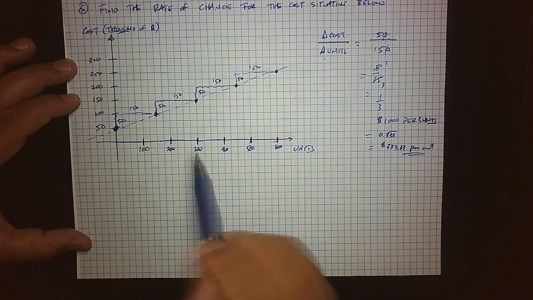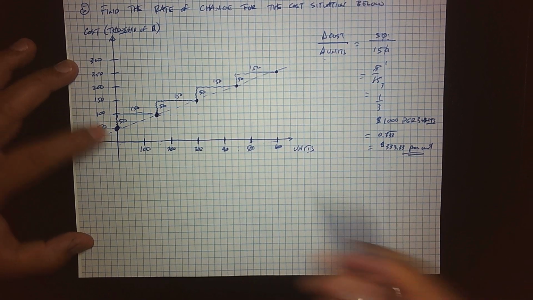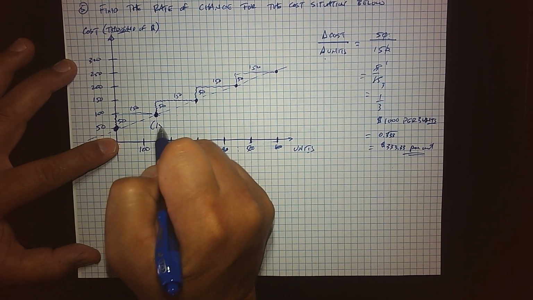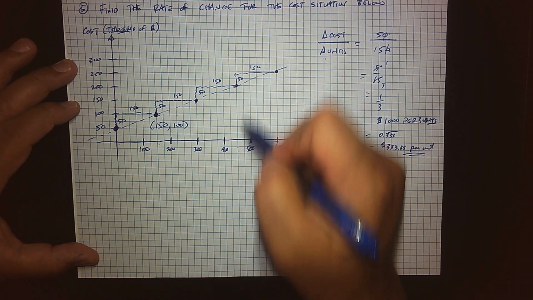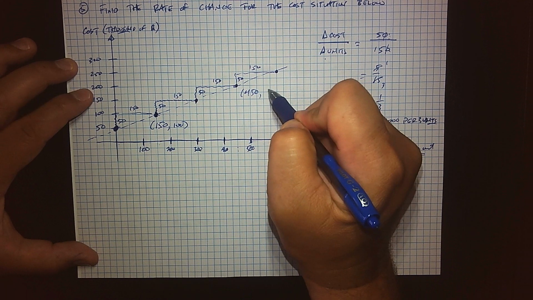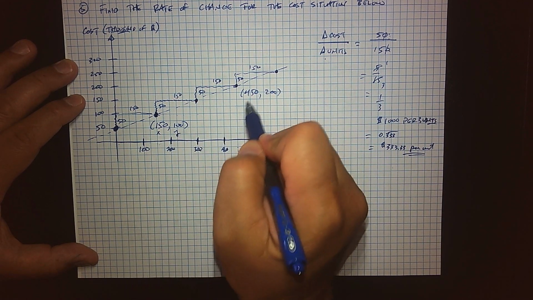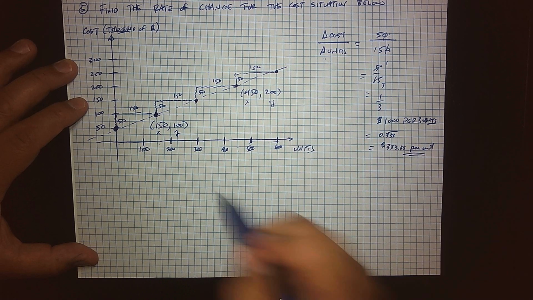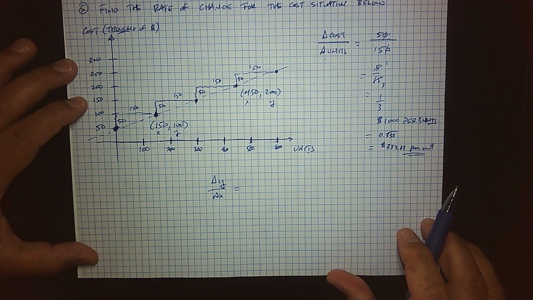We could have even used, like we did in the last example, a couple of data points: that one right there would be 150, 100, and this one right there would be 450, 200. We could have even used the change in y over the change in x, looking at it differently.